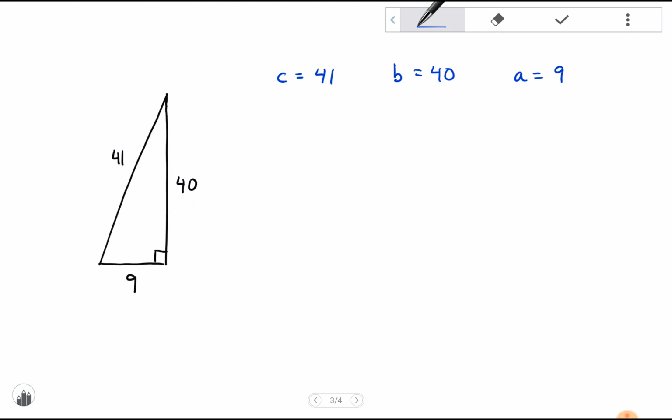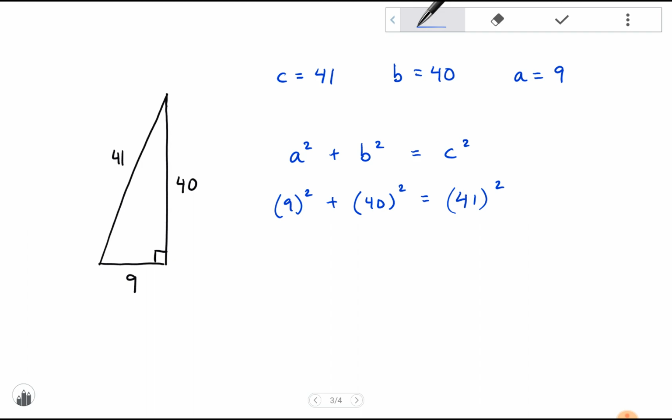And now we're going to confirm that it's a right angle triangle. If it is, then the Pythagorean theorem will hold true. So A squared in this case means 9 squared, B squared means 40 squared, and C squared means 41 squared.